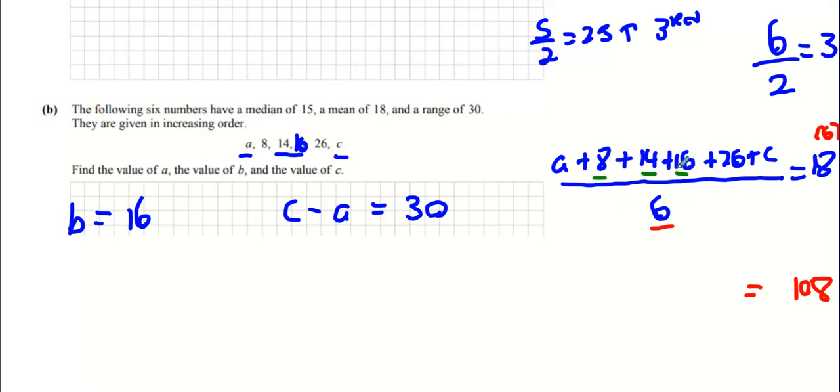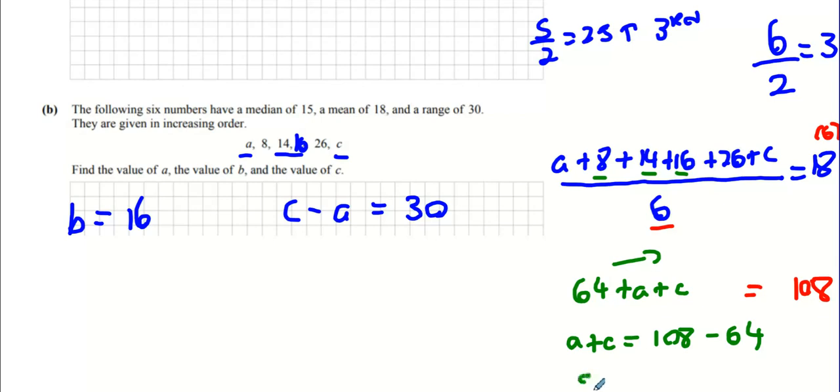So 14 plus 16 is 30. 30 plus 26 is 56. 56 plus 8 is 64. 64 plus a plus c. The next thing is you're going to move it across, and we go a plus c equals 108 minus 64, which will get us 44. A plus c is 44.